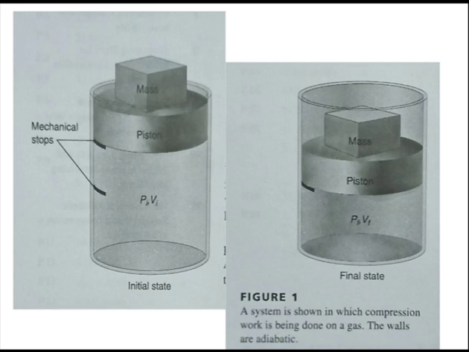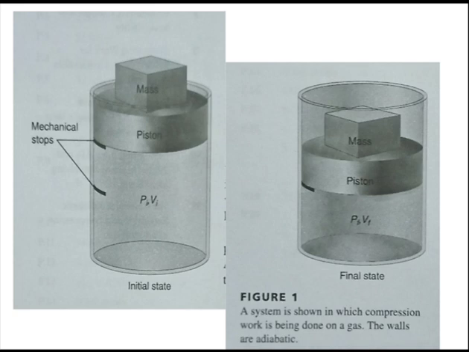Then a gas in a piston and cylinder assembly as shown in figure. So gas is here and obviously this piston is movable, this is weightless, and inside this obviously there is a gas. In this example the system is defined as the gas alone. So only system is the gas. Everything else shown in this figure is in the surroundings.